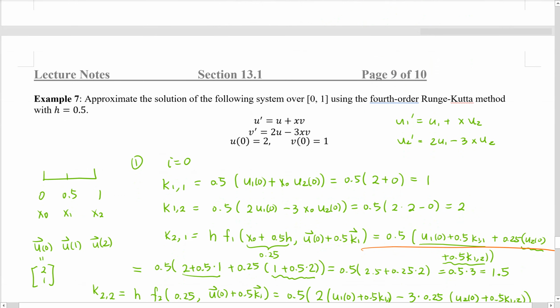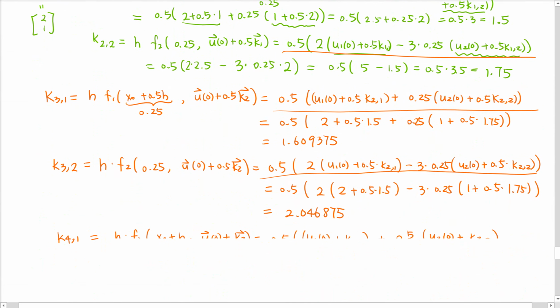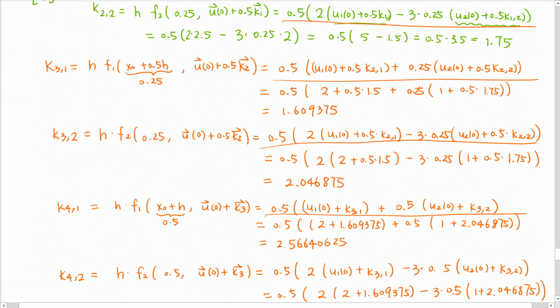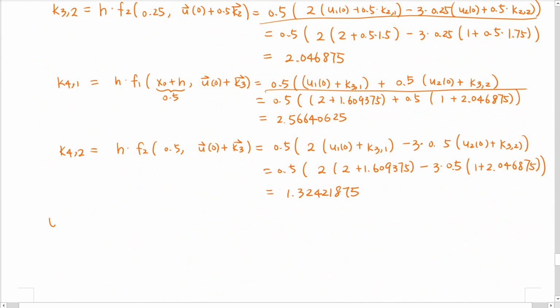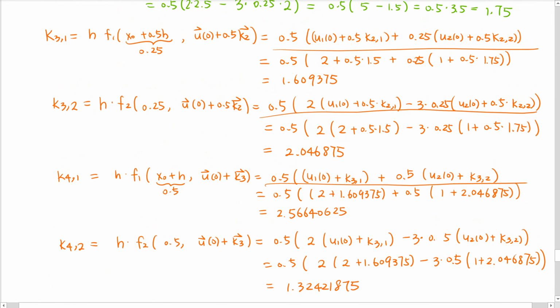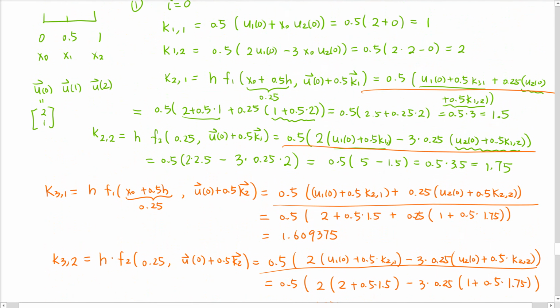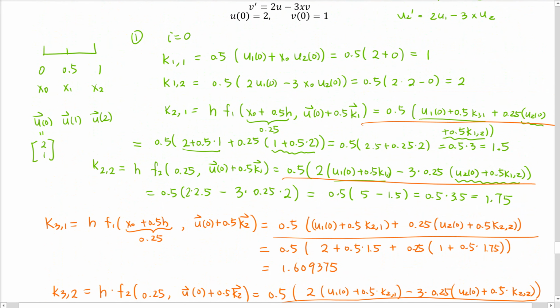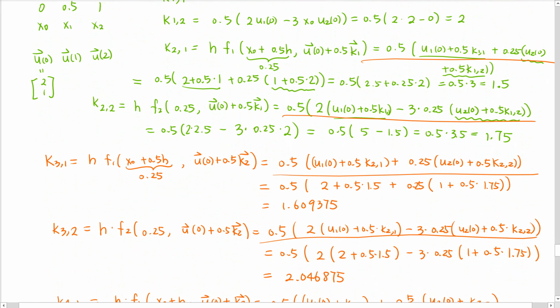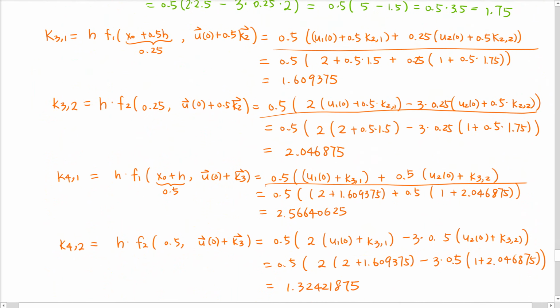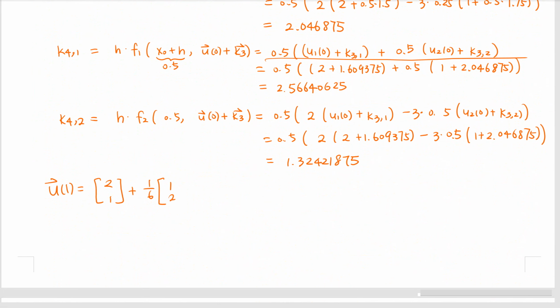Okay, so that's the first step. So U0 is 2, 1. So U of 1 is U0, which is 2, 1, plus 1 over 6 K1. Wow. What's K1 here? 1, 2, and then 1.5, 1.75.